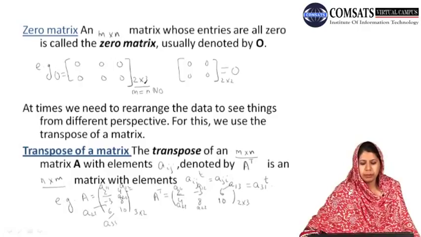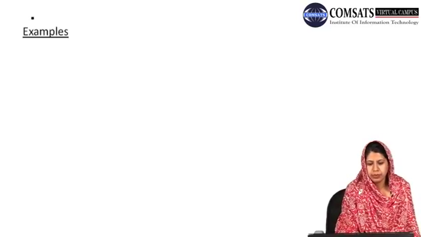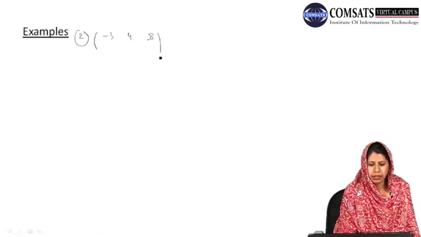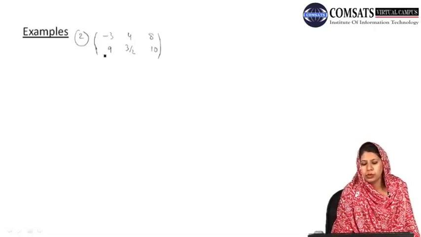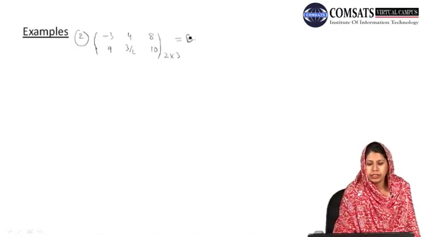Let us look at a few more examples of how we can find the transpose of a matrix. Suppose we are given a matrix whose first row is -3, 4, 8 and second row is 9, 3/2, 10. Then this is a matrix with 2 rows and 3 columns. We call this B, and we are interested in finding its transpose. Then the transpose will have order 3 rows and 2 columns.